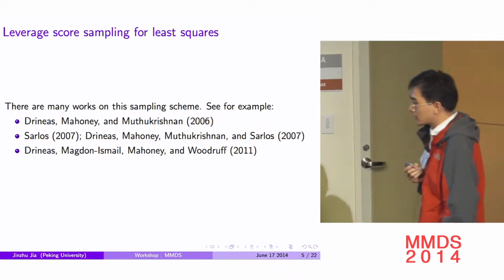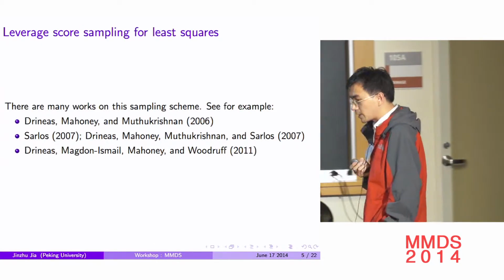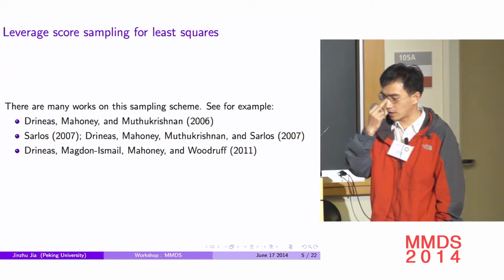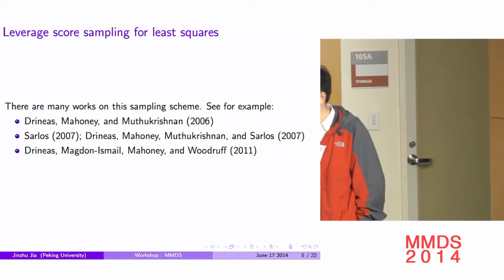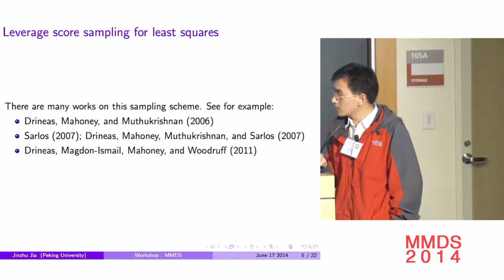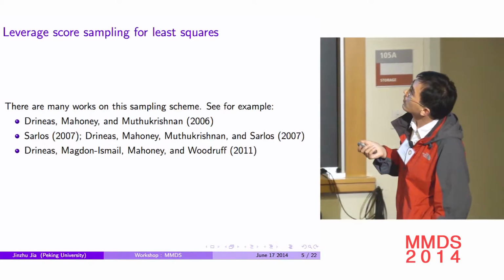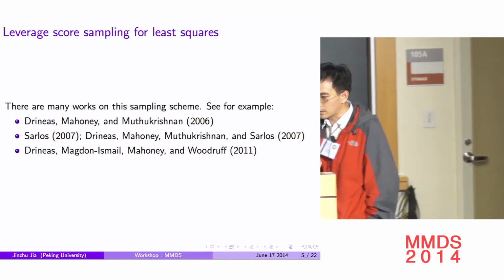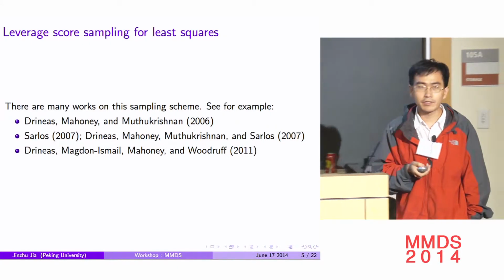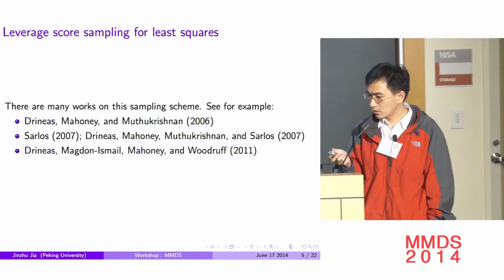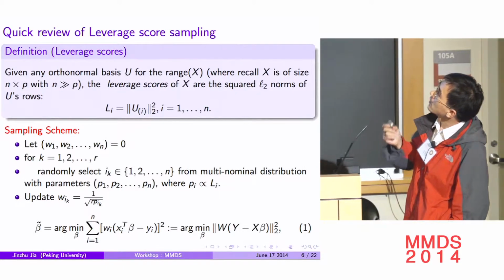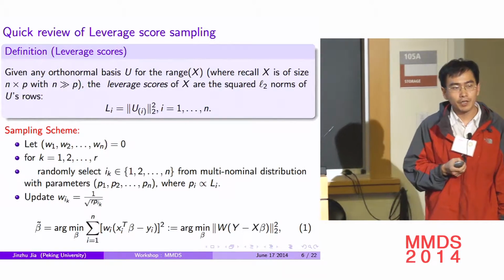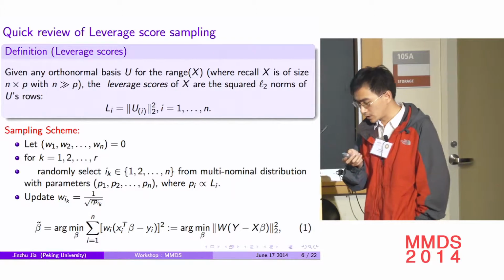For least squares, there are now many works on sampling schemes. It is well known that Joynis, Mahoney, and other researchers developed leverage score sampling. Now let's have a quick review of leverage score sampling. What is a leverage score?